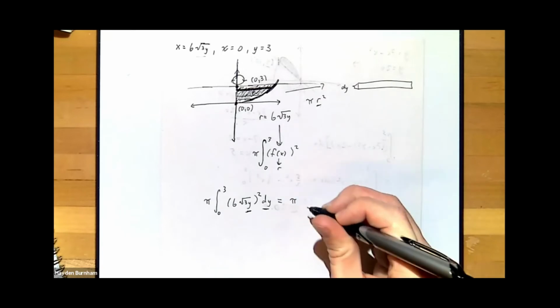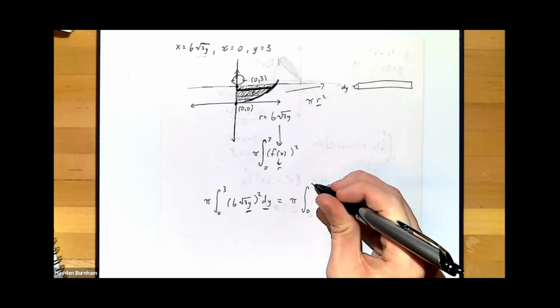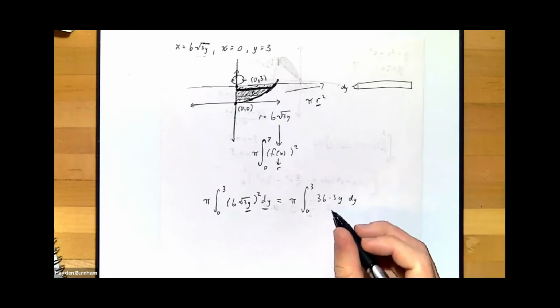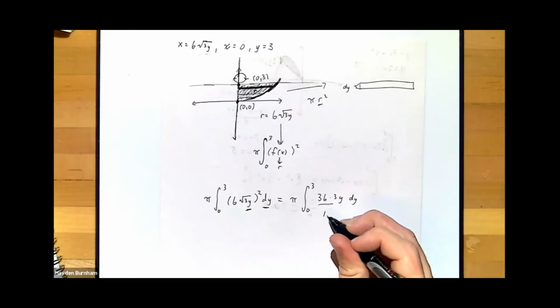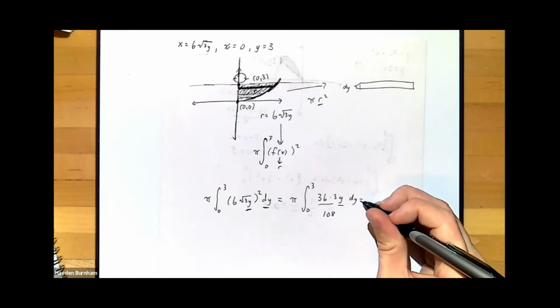All right. So then when I simplify this out a little bit, 0, 3. So I'm going to square everything. So that's the dy will still be there. Okay, well that's pretty simple because this together is just 108. And we just have a y and a dy.